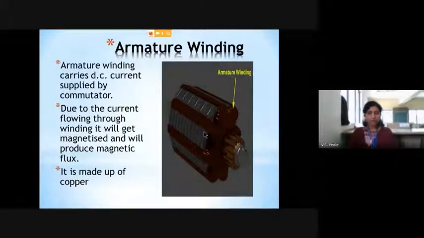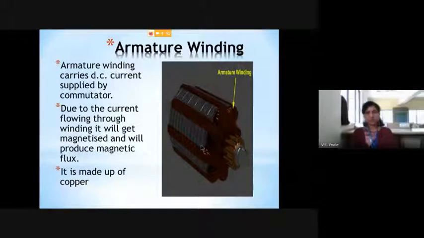So now tell me, how many fluxes are produced in the motor? First, we have given supply to the field pole, so it will produce magnetic flux. So this is one flux. Second, whenever the supply is given to the armature winding, again it will produce magnetic flux. So two magnetic fluxes are produced in the DC motor.